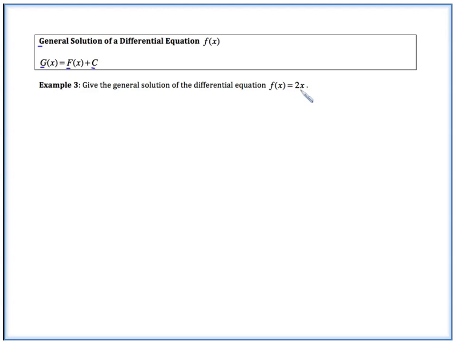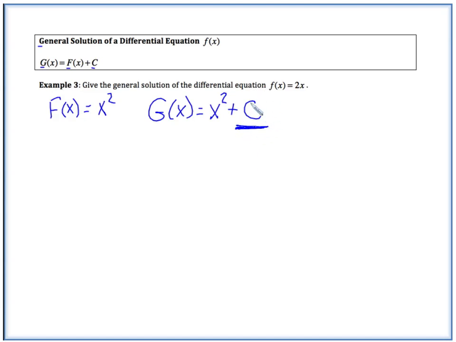So here's our f of x equals 2x. So our capital F of x, remember, was x squared. And so our g of x, or our general solution, is going to be x squared plus some constant c. So anytime you find that antiderivative, it's going to be very important to give the general solution of the plus c.